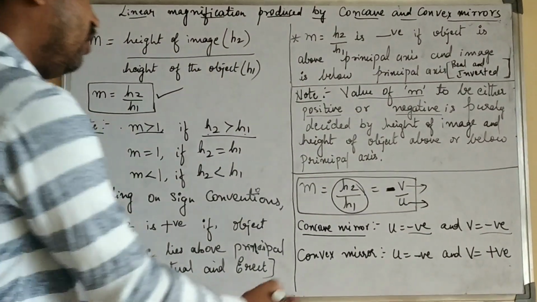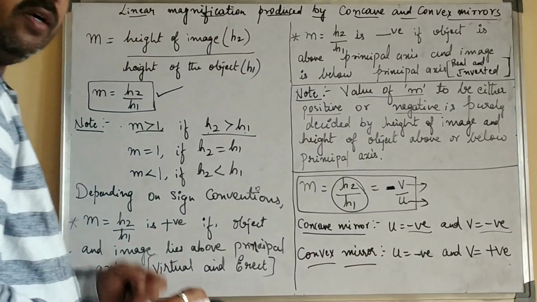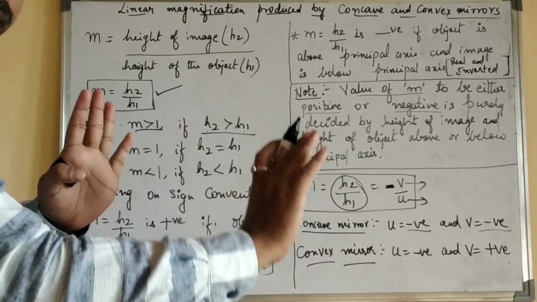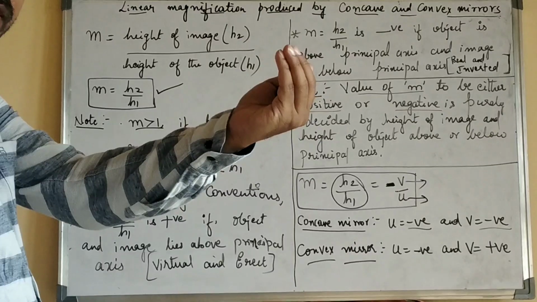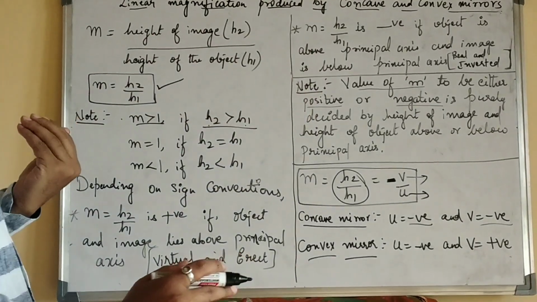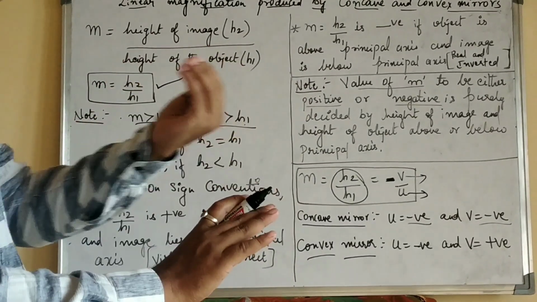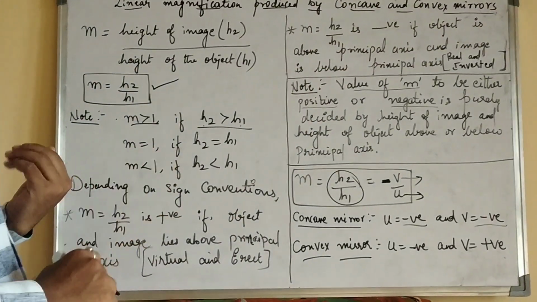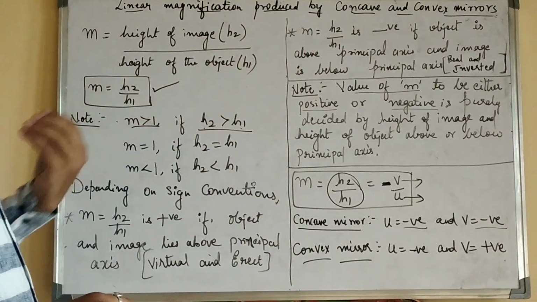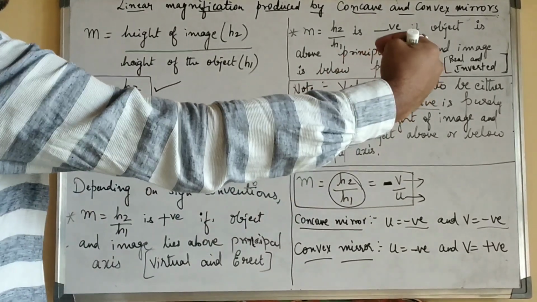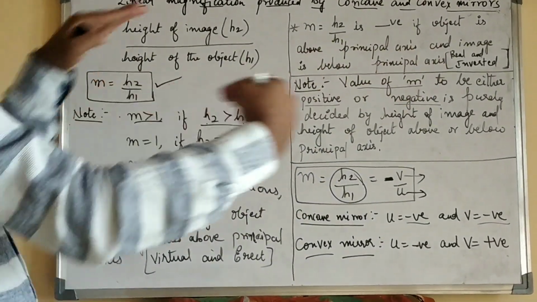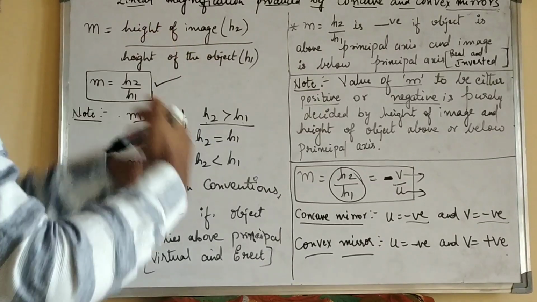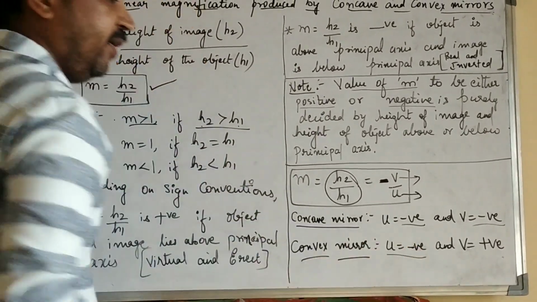Okay. Now, for a convex mirror, why? Because for a convex mirror, remember, the object is to the left side, and the image is on the other side of the mirror, right? Meaning virtual. So, when the object is towards the left side, you are moving against the incident ray. That's why U should be negative.